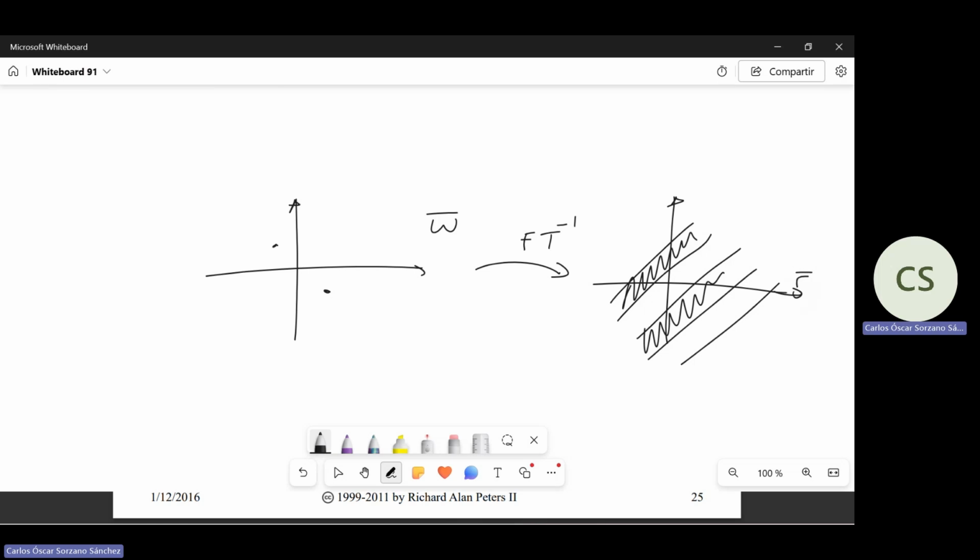Do you remember this kind of drawings we were doing with the Fourier transform? So now, if we have a very narrow filter, what we have is the same, but now with all the waves of a given frequency propagating in different directions.